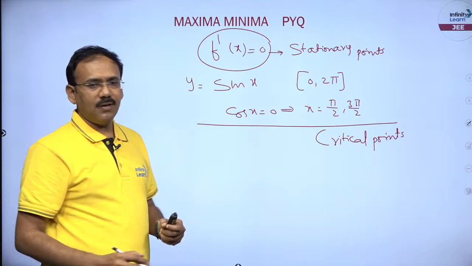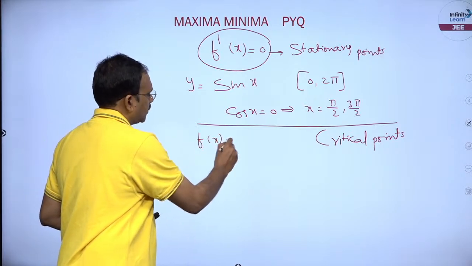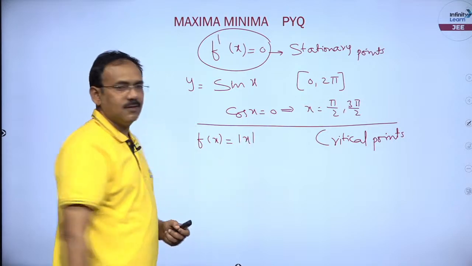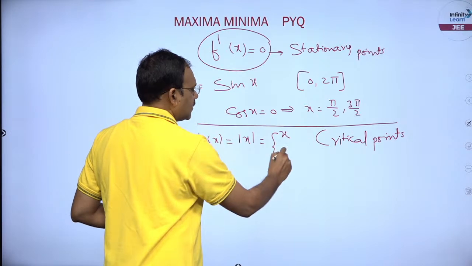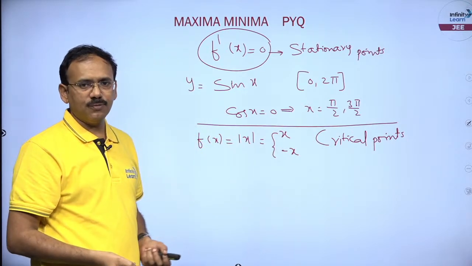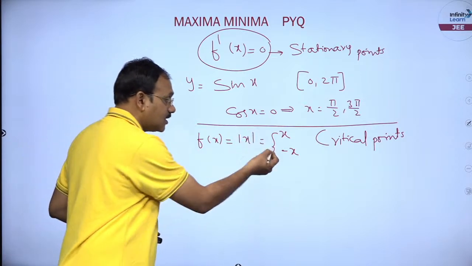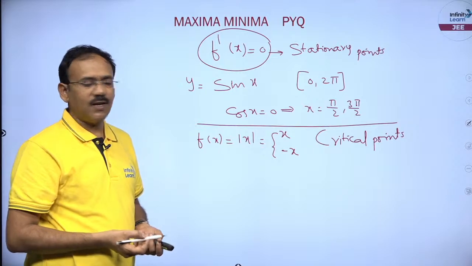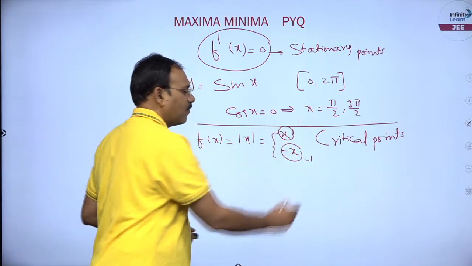For example, you take f of x is equal to mod x, right. This function is x when x is positive, minus x when x is negative. This is very familiar to you. It is differentiable everywhere, but at x equal to 0 it is not differentiable because the left side derivative is 1, right side derivative is minus 1.